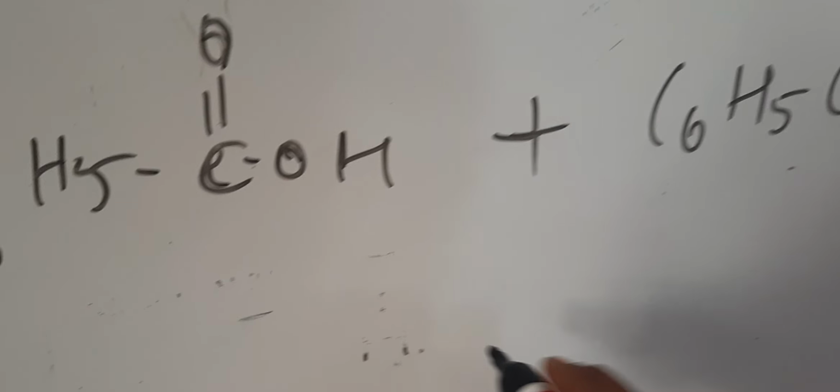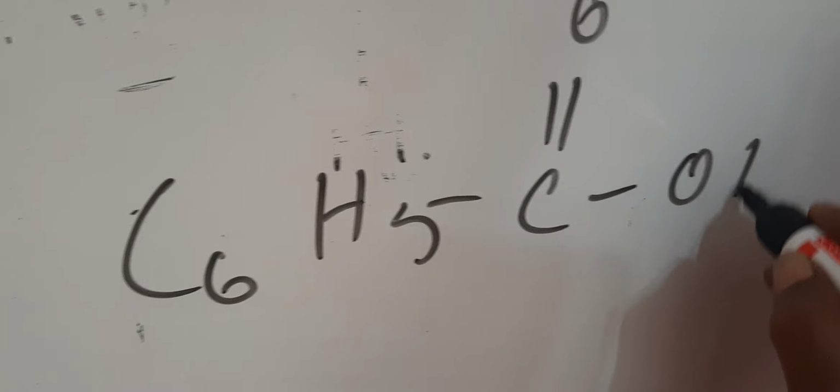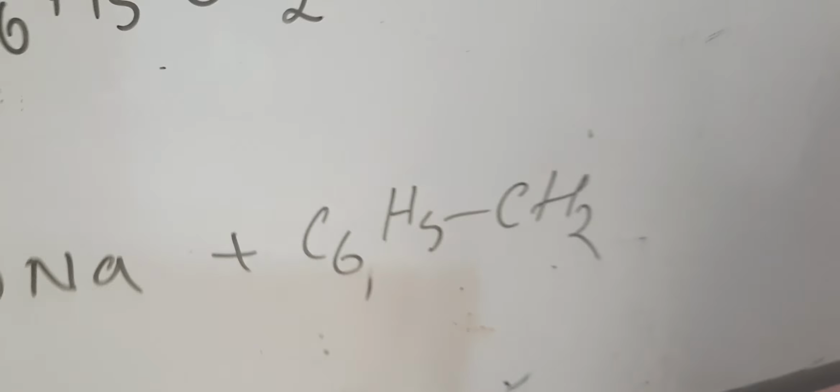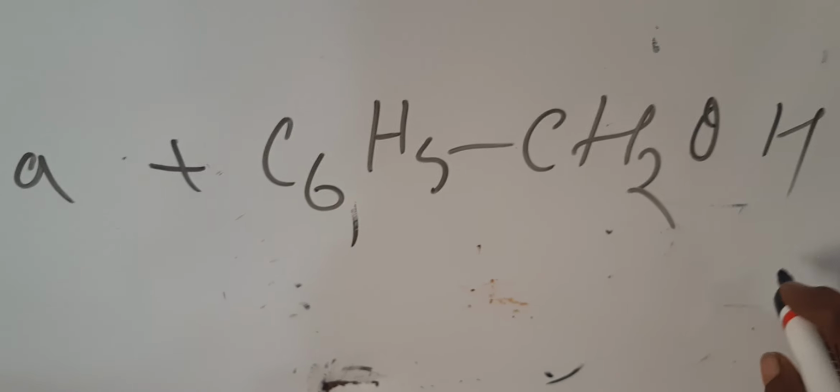So in the third step, from these two there is an exchange of proton to get C6H5 C double bond O ONa, and then C6H5CH2OH. So what is this? Benzyl alcohol.